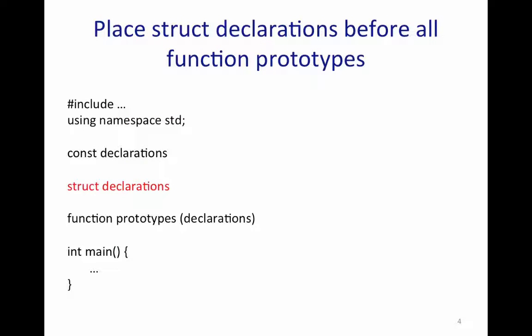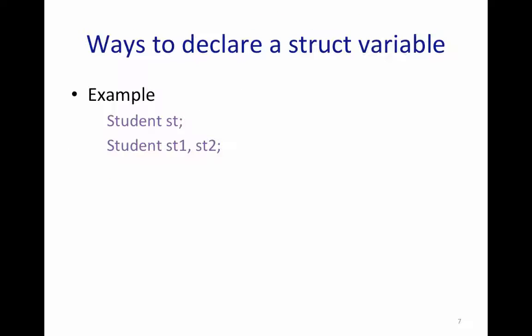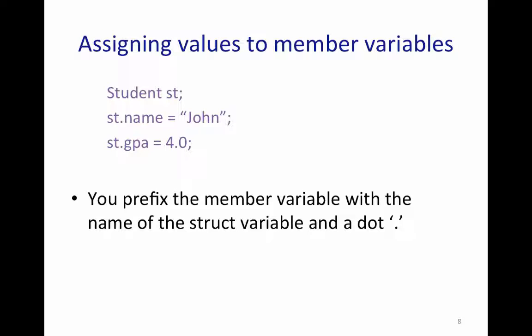So now I can declare a variable to be a student, just as I would declare one to be an int or a vector. If I want to assign a value to a field in the record, I use dot notation to navigate to the appropriate field, because I can't just say ST equals John.